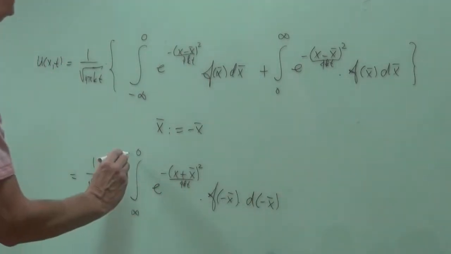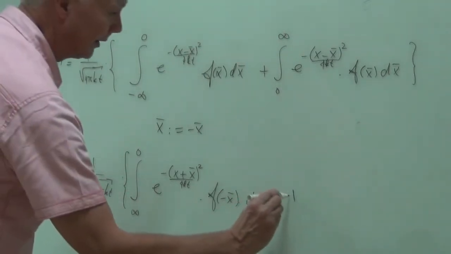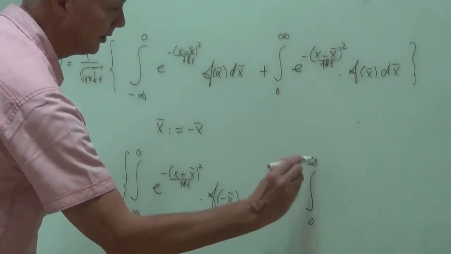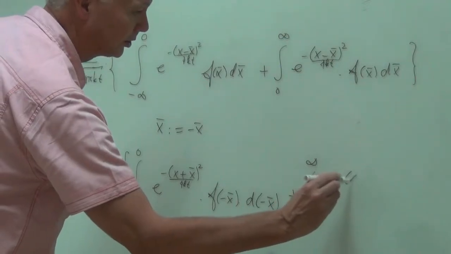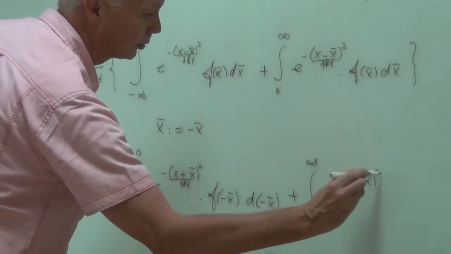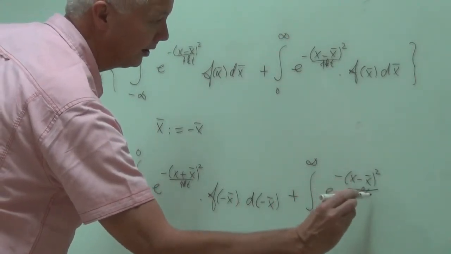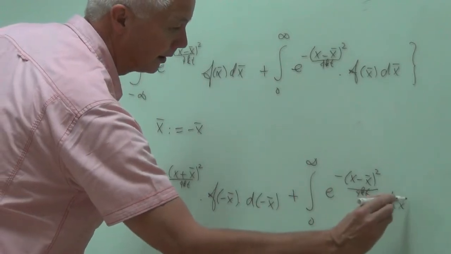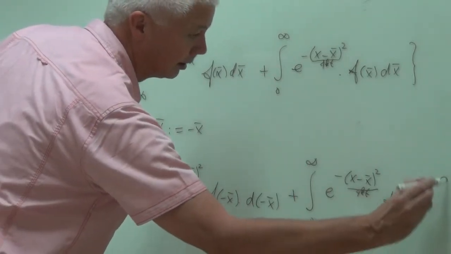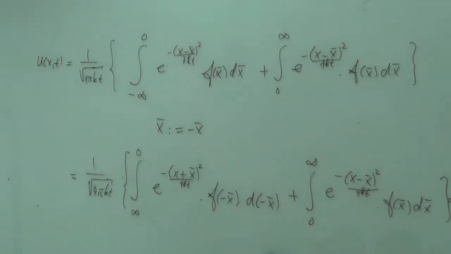And then the other integral I still write down. So I have the integral from 0 to infinity of e to the power minus (x minus x bar) squared over 4 kt f(x bar) d x bar. So I change nothing.